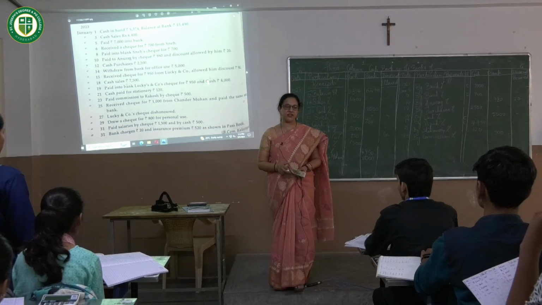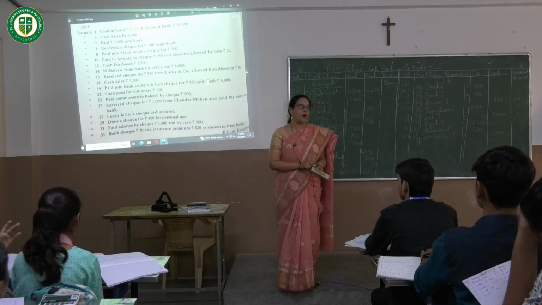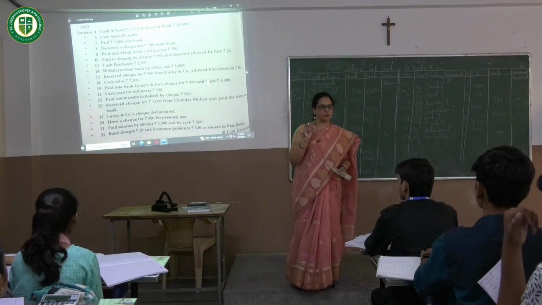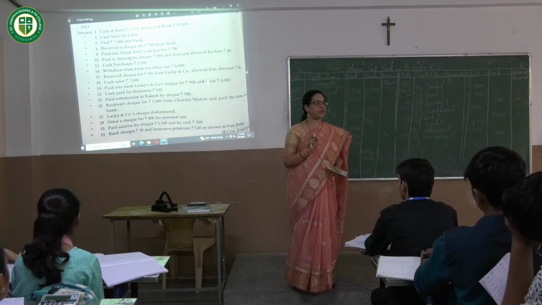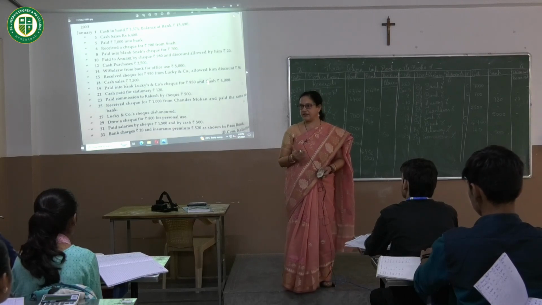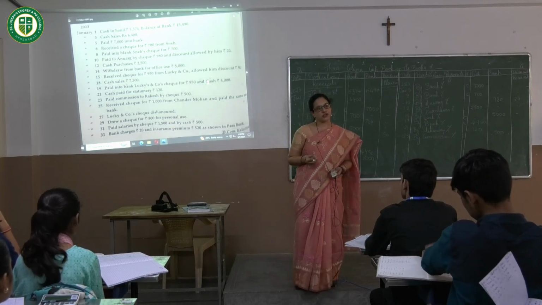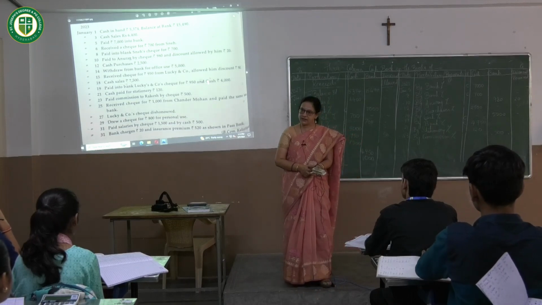We pass a reversal entry. Very good. Check dishonored means due to insufficient funds or when the check is not drawn properly. That is, you have made some mistake in writing the name of the account, the number or the figures, some mistake in drawing the check, or due to insufficient balance in the account, the check gets dishonored.